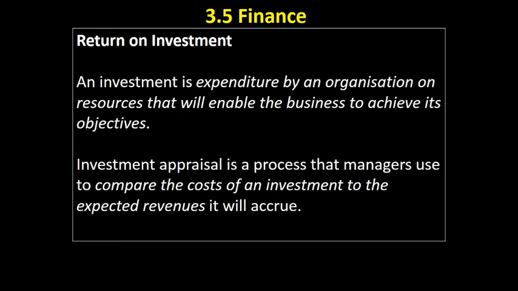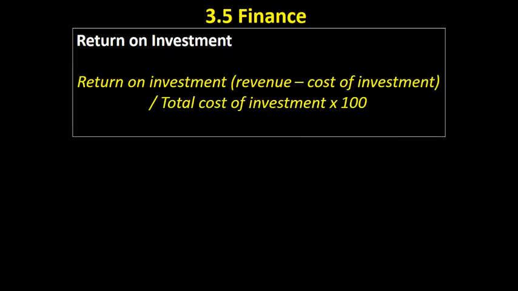So before any company will be prepared to invest, for diligent companies, it's good practice to conduct something called investment appraisal, where managers compare the costs of an investment to the expected revenues it will accrue. So how can you calculate the return on an investment?